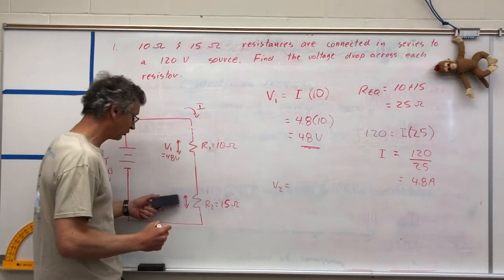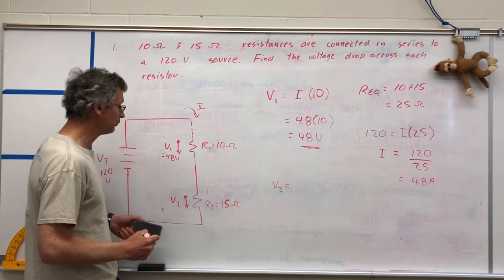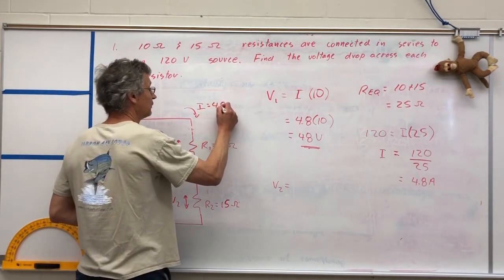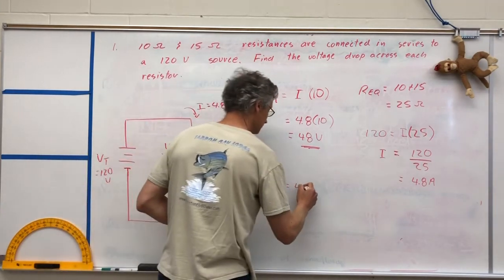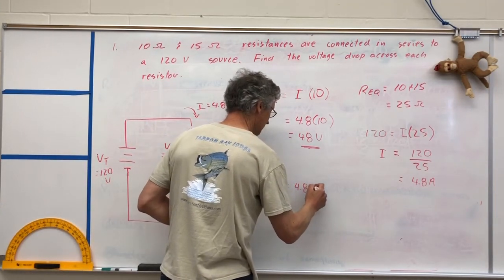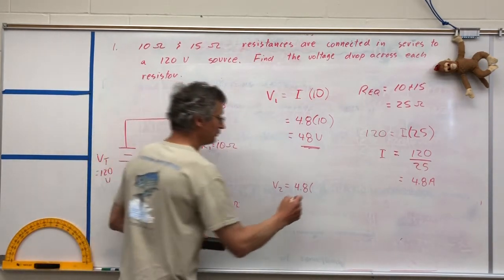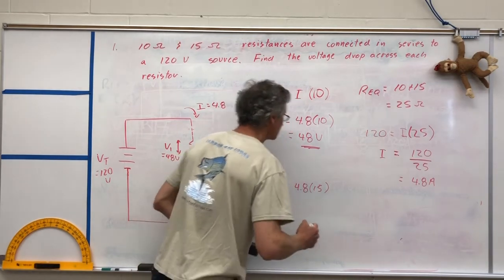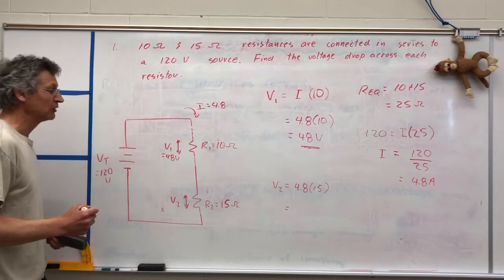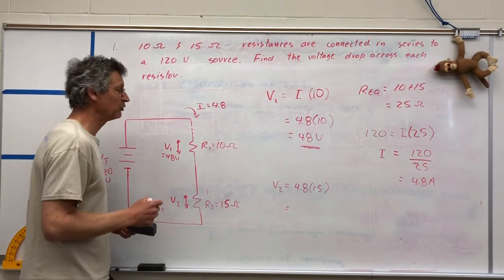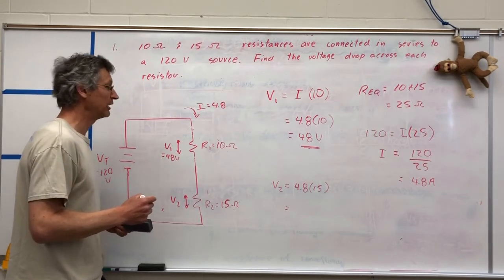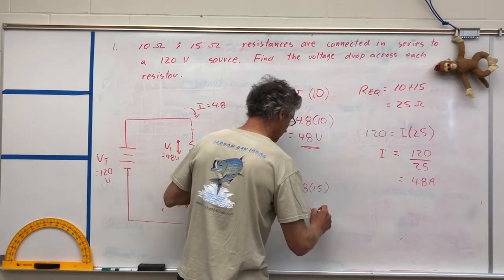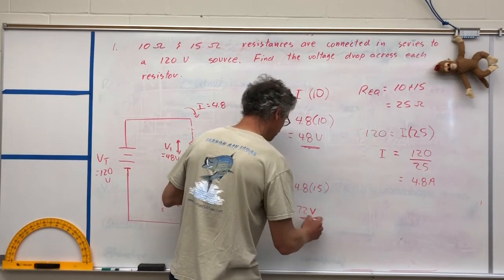The voltage drop across a resistor is going to be equal to the current through it, and we know that is 4.8 amps, times the resistance itself. So you go 4.8 times 15, you do that on your calculator, and you're going to get 72 volts.